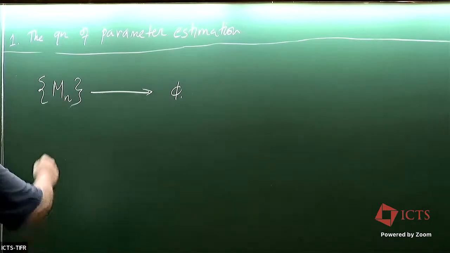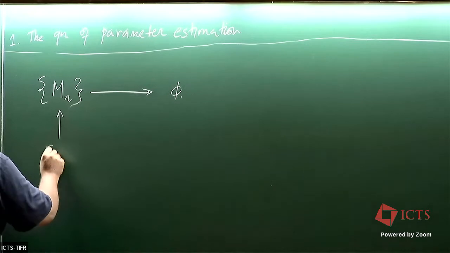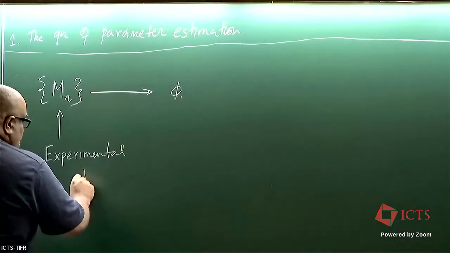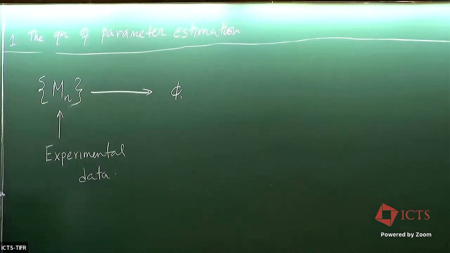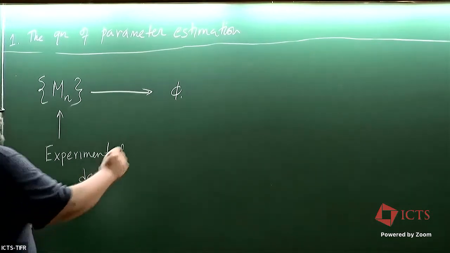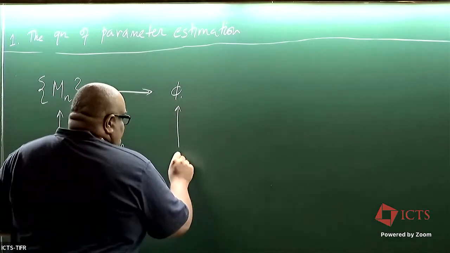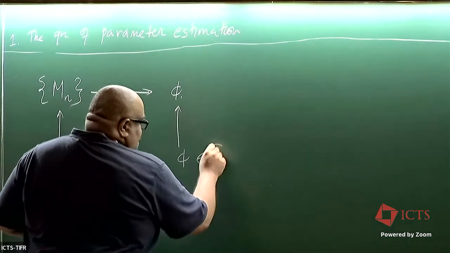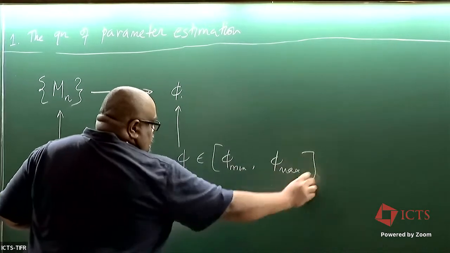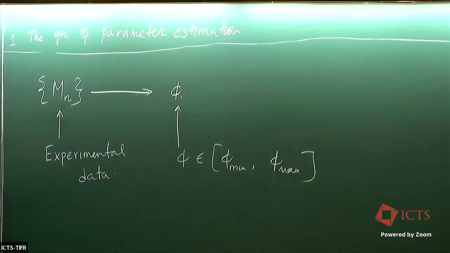We interpret this as the experimental data, and of course it's usually full of noise, replete with noise. And this is the parameter we seek to find, and it belongs in some set, 0 to 2 pi usually. You just normalize it and set it to 0 to 2 pi, or 0 to 1.